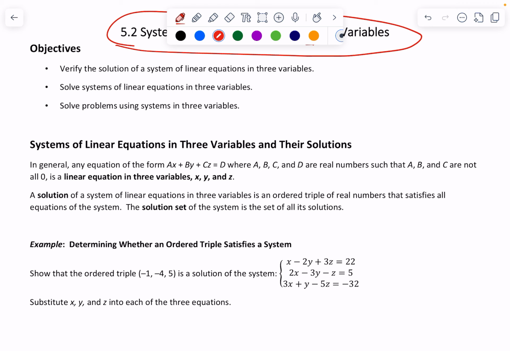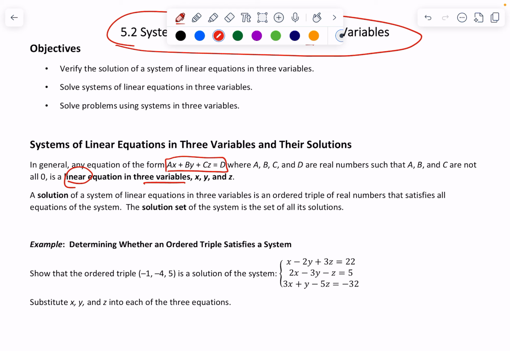Any equation of the form ax plus by plus cz equals d, where a, b, c, and d are real numbers such that a, b, c are not all zero, is a linear equation in three variables. We're still looking at linear equations because the exponents are 1 for x, y, and z.